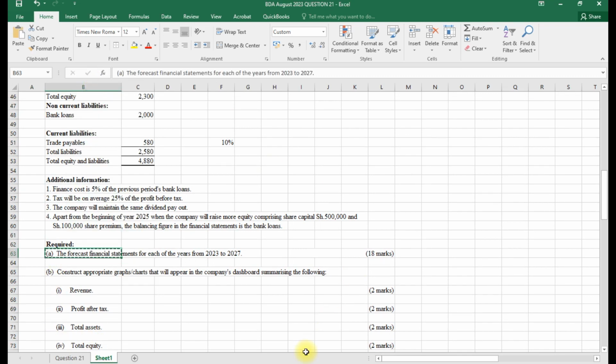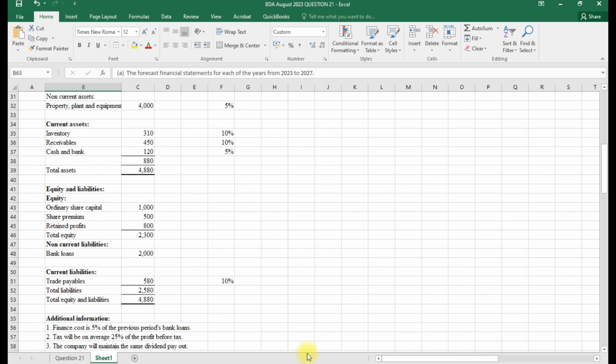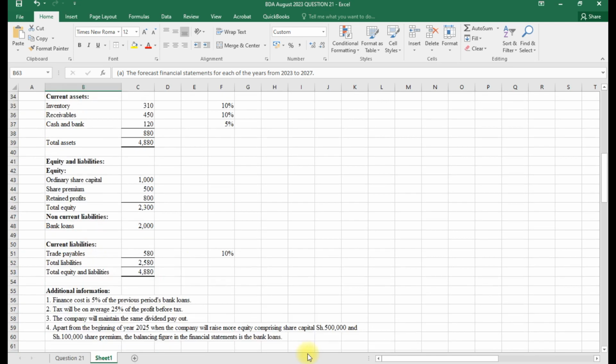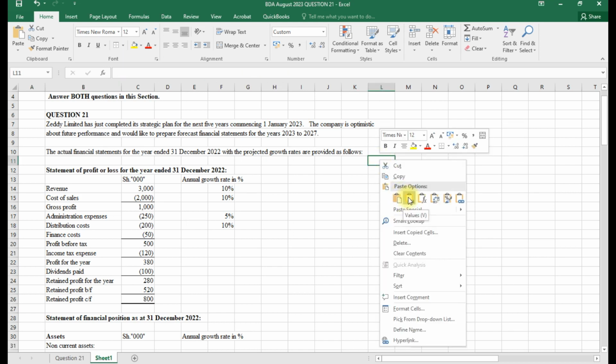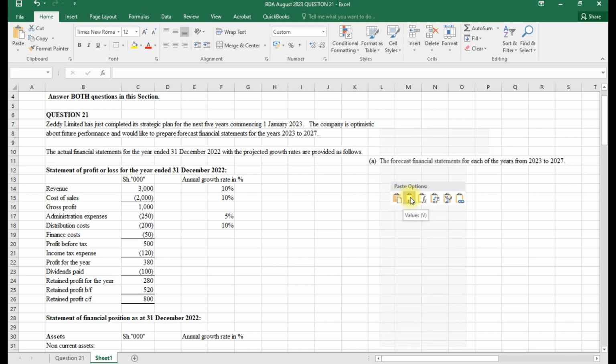I will just copy the heading, the forecasted financial statements, and I'll prepare them here. These are forecasted financial statements. I'll paste that there.